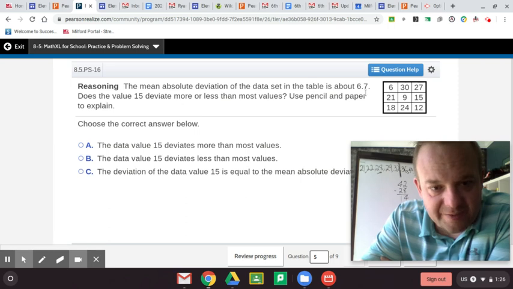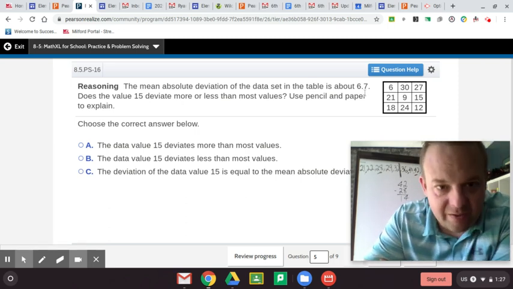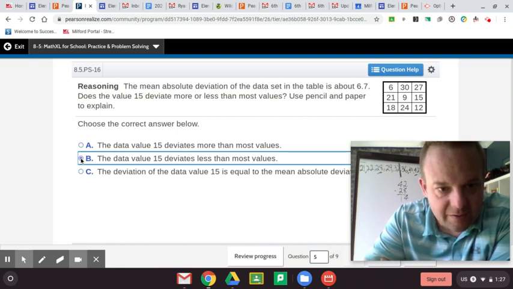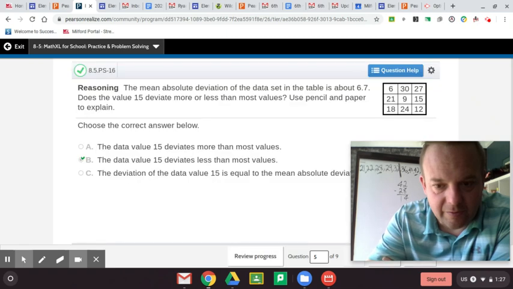Does the value 15 deviate more or less? So it deviates less, I believe. Oh, thank goodness.